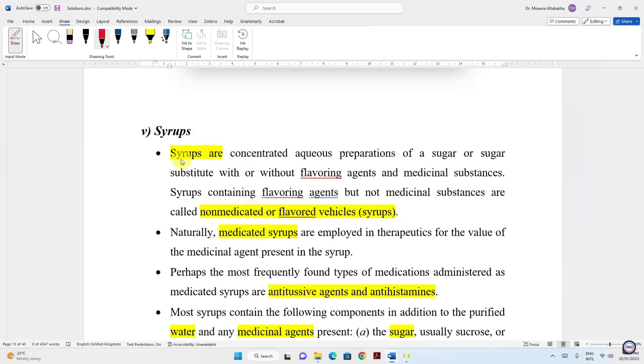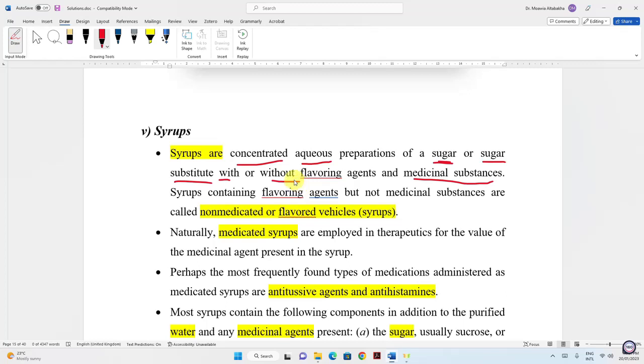Okay. طيب, syrups are concentrated, aqueous, this is very important, preparation of sugar, and when I say sugar, it's sugar يعني sucrose, or sugar substitute زي الجليسرين, sorbitol, etc., with or without flavoring agent and medicinal substances. طيب, اللي without medicinal substances بنحكي له unmedicated or non-medicated syrup. اللي مع الفليفر بنحكي له flavored syrup.